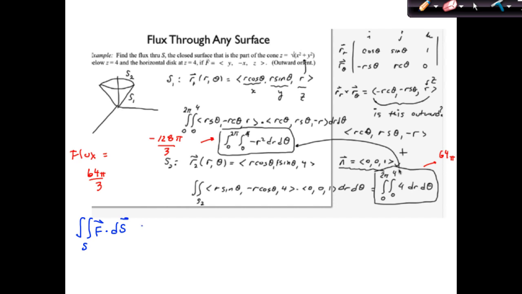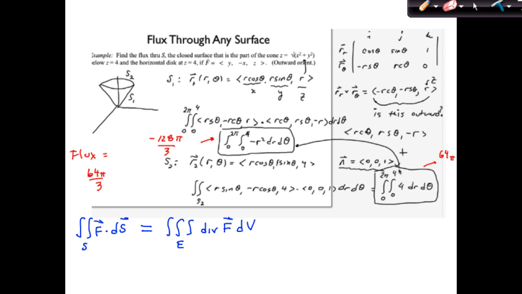So that's equal to another way to do this now: the triple integral over the solid of the divergence of F dV. So we can use the divergence theorem to solve this one as well.